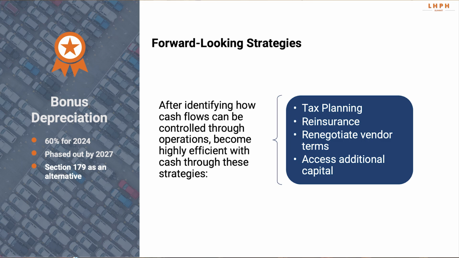Another thing: there was a great session right before this talking about reinsurance, and one of the big keys that people kept hitting on was the tax efficiency of reinsurance. We're telling our clients the same thing: where do you have opportunities to either add that additional revenue stream or offload a risk that you already have in a tax-advantaged way?